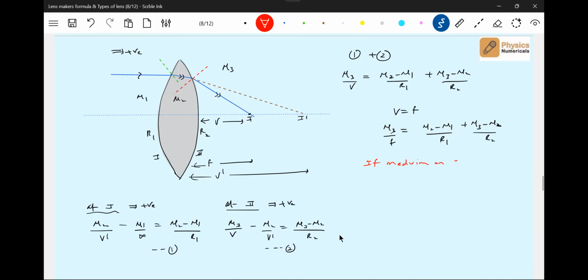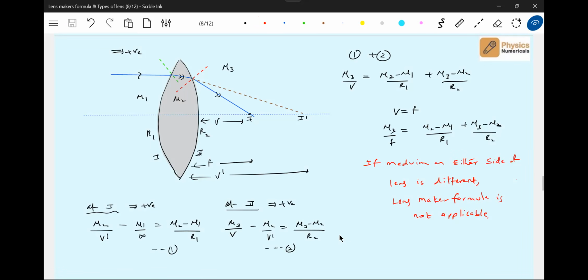If the medium on either side of the lens is different, the lens maker formula is not applicable. That's all.